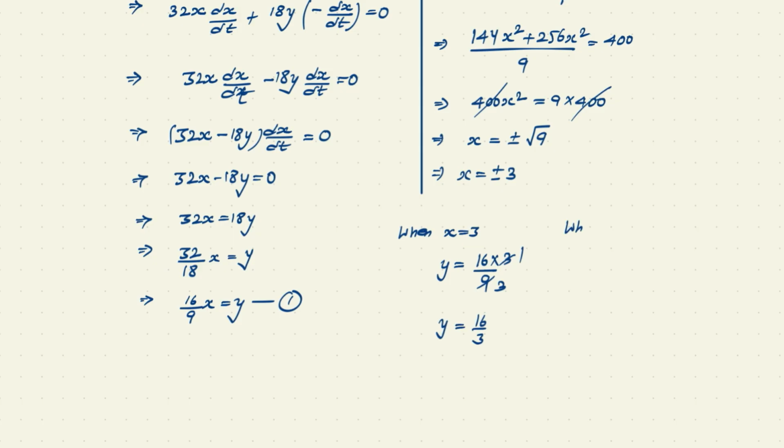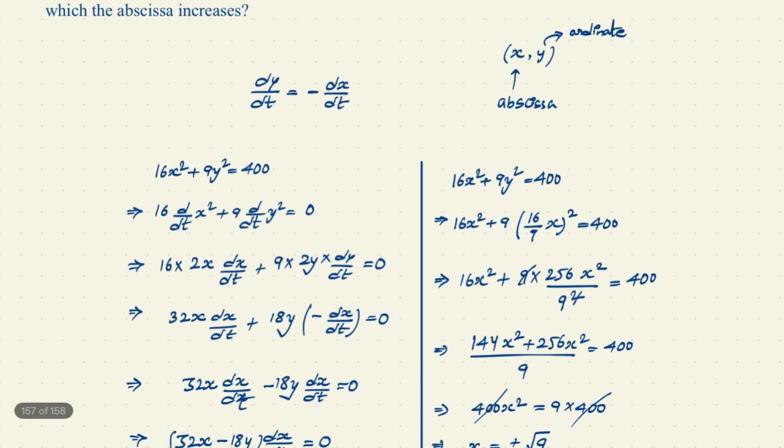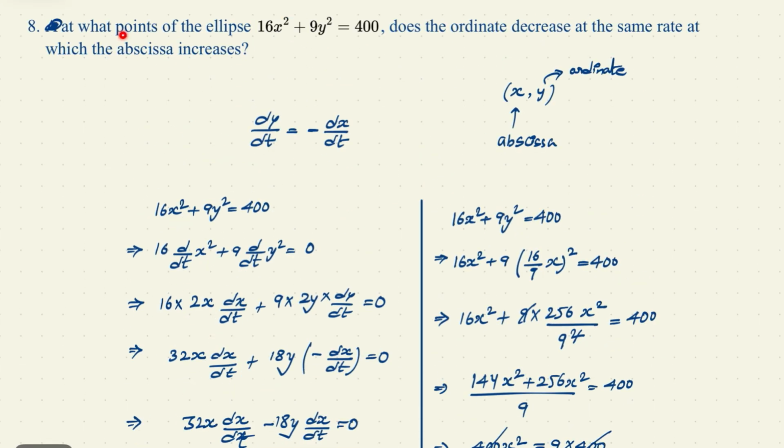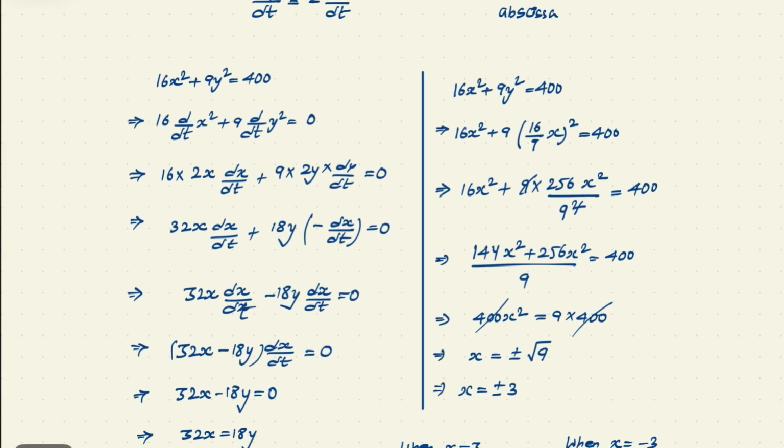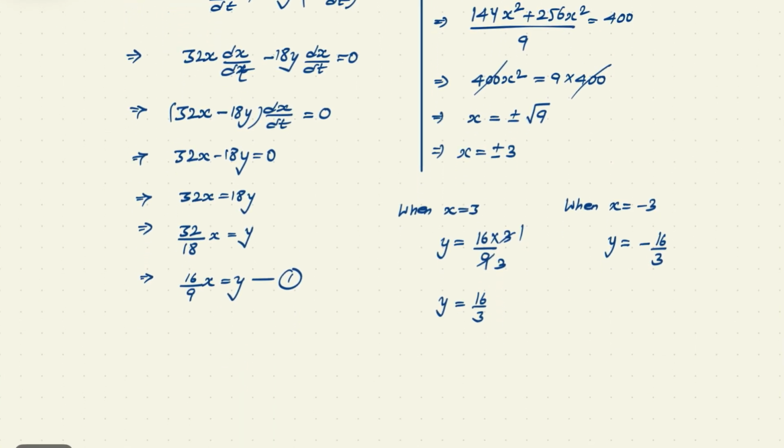And if the value of x is minus 3, then obviously y will be minus 16 by 3. And hence the question was asking to find the points on the ellipse. So my points are 2, and those 2 points are 3 comma 16 by 3 and minus 3 comma minus 16 by 3.